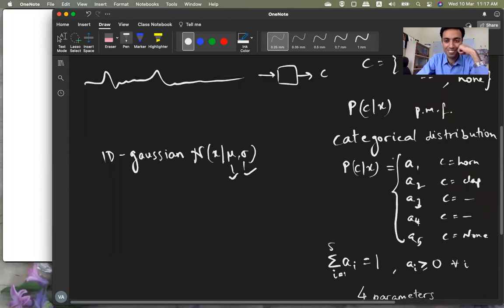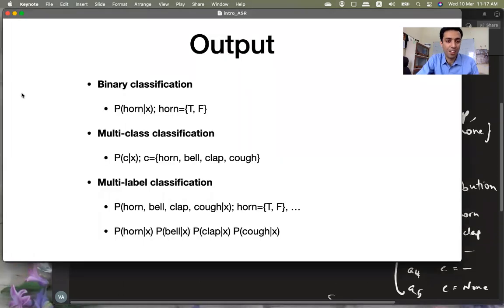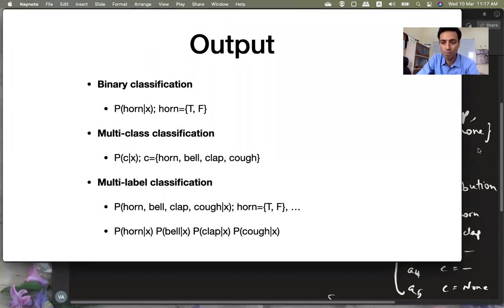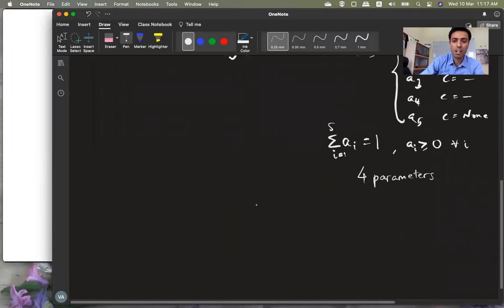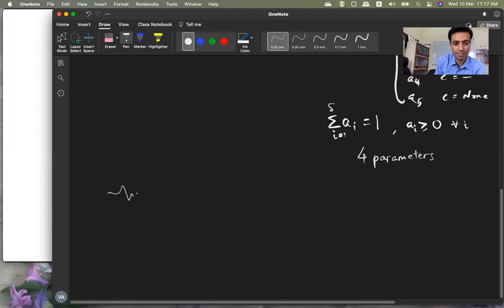Okay, it was a small exercise. Now let's come to the next kind of problem where you know the X and it can contain multiple classes. It can have clapping. So let's say this is clapping. This is cuffing, somebody's cuffing. This is silence.